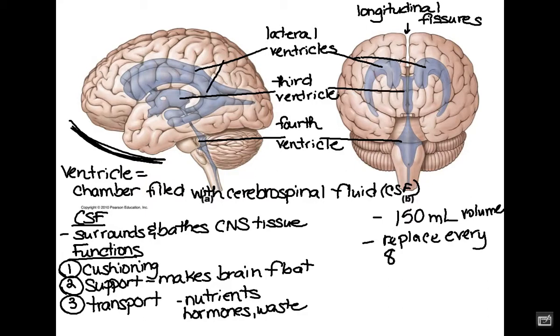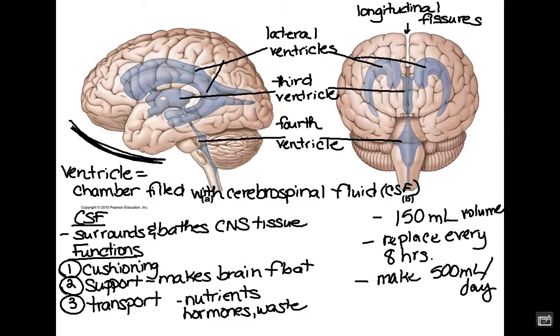So in the course of a 24-hour day, we basically turn over our cerebrospinal fluid about 3 times. We make about 500 milliliters per day. Just to give you some numbers that kind of coincide with that. So those are our ventricles.